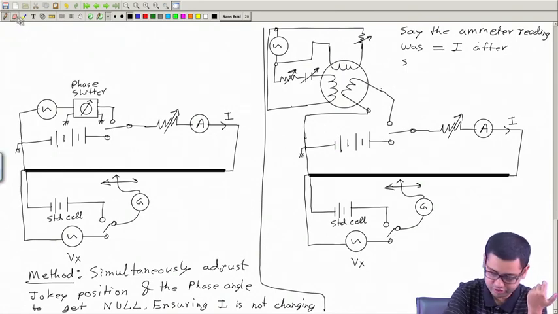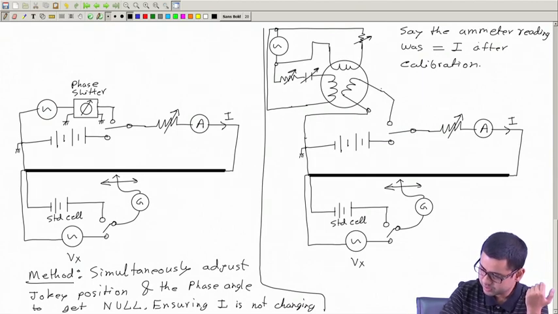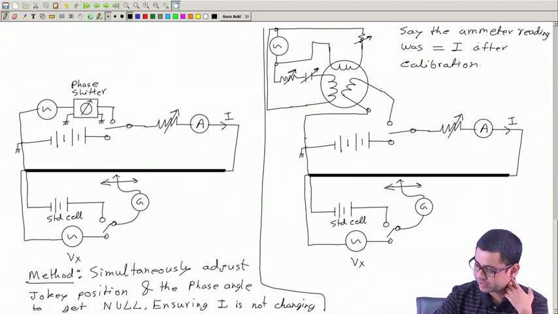Standardization or calibration, whatever you call. Now, we have to make sure that the same current flows when we have switched to the AC supply. Here also we have switched to the unknown source.